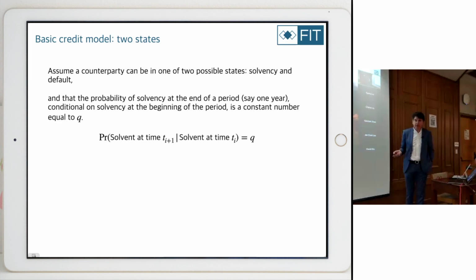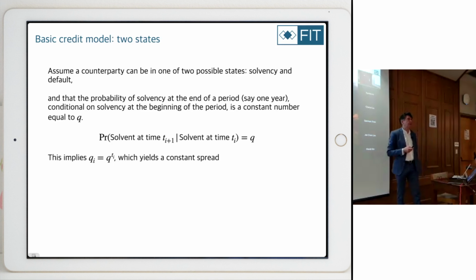So if we assume that, let me ask you a question. What would the probability of solvency be at time t sub i? It's Q to the power t sub i. If you don't see that, let me ask you a question. What's the probability I get heads if I flip a coin? 50%.